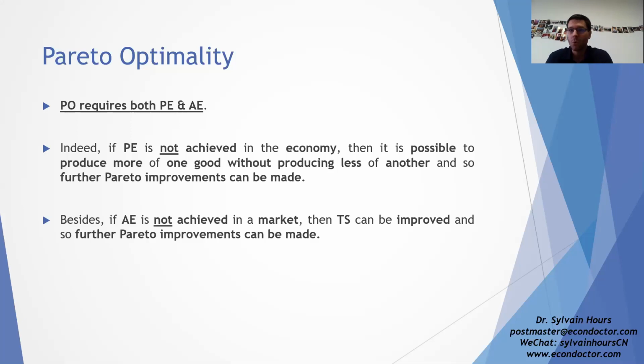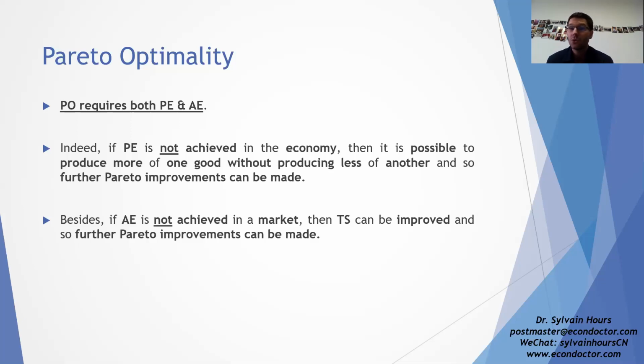And why do we need allocative efficiency? Because allocative efficiency is about maximizing total surplus. So it means that if you do not achieve allocative efficiency, you do not maximize total surplus, which means that there is a way to reallocate the resources in such a way that total surplus would increase. So again, you can see total surplus as a big cake.